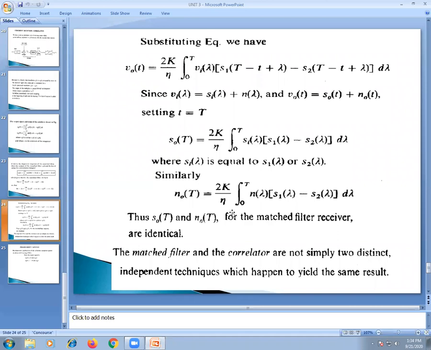So this is the correlator concept. Correlator says what the input and what the output is, what the relation between input and output is.